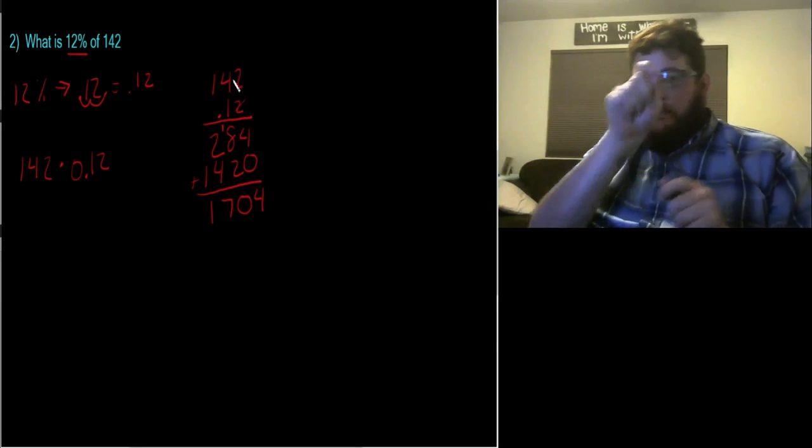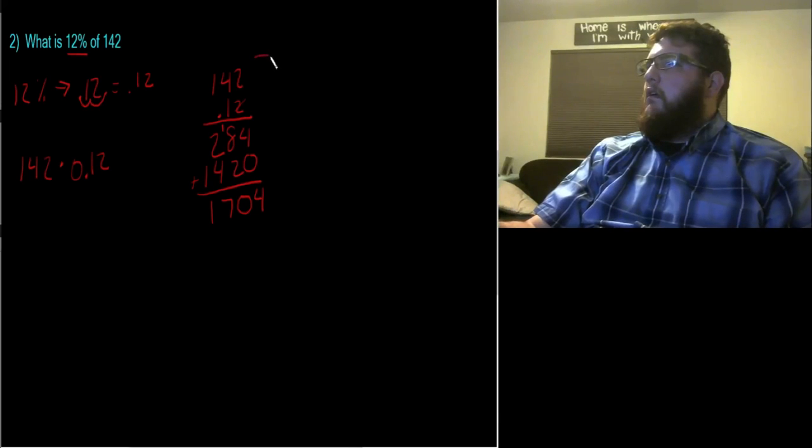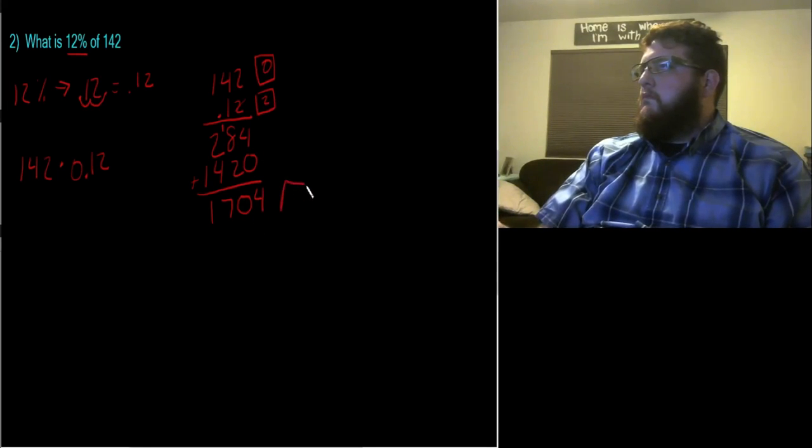I have to count how many decimal places I had in my multiplication. 142 has no decimal places in it, but 0.12 has 2. Therefore, my answer will need to have its decimal moved over to the left 2 times.